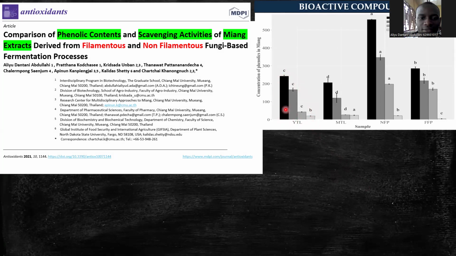This black chart here is total polyphenol. So between these samples, A here, the total polyphenol in NFP is higher than the rest. B is the second, C is the third, D is the fourth. So we used to show statistical difference, or we did in the last class.